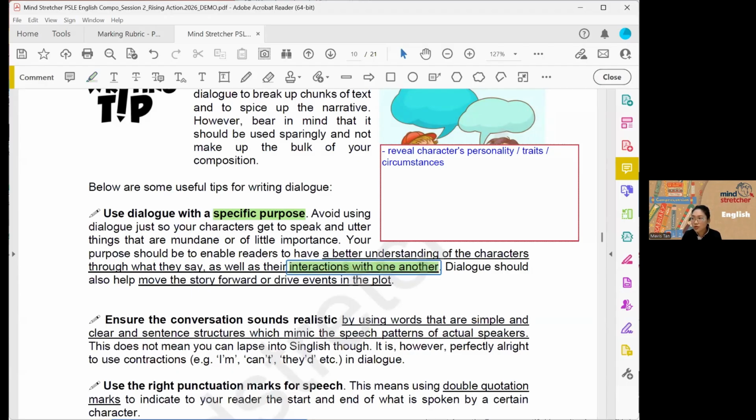And it must move the story. Okay, what does it mean to move the story, or to drive events? That means after this thing is said, your story is going to move in a direction. Something will change. Okay? For example, you have a usually very obedient child, and this day he cannot take it anymore. He lashes out at his mom. Wow, that dialogue.